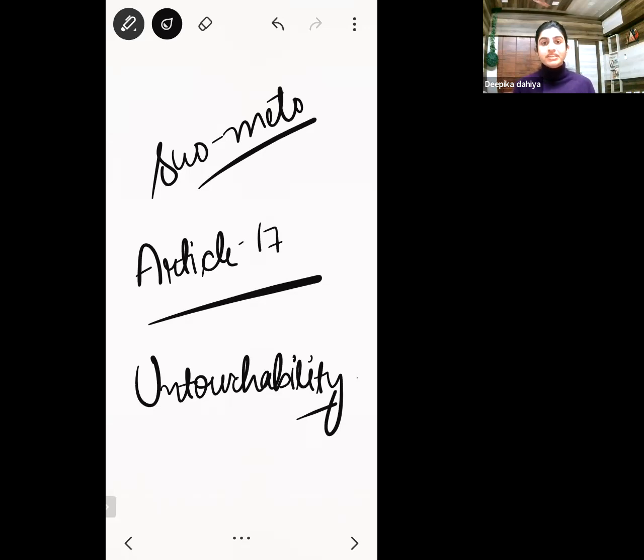You cannot be discriminated against on the basis of, let's say, caste, but there are some exceptions. Discrimination can be there, but that would be positive discrimination. What is that?